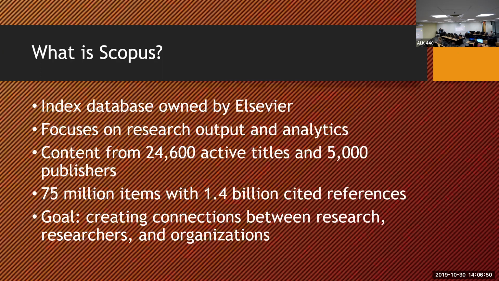What is interesting about Scopus is the way it selects its content. You can see here they have 24,000 active titles from 5,000 publishers, a total of, I can't count any numbers today, 75 million individual items. And those are selected by their independent advisory board. So there are international experts around the world who come together to select what they consider to be the most important titles in their subject area.